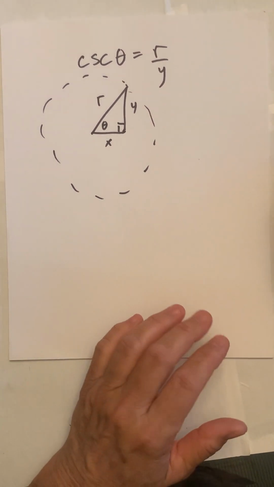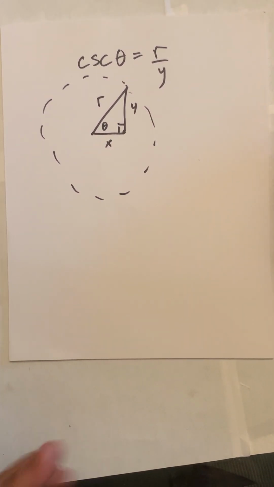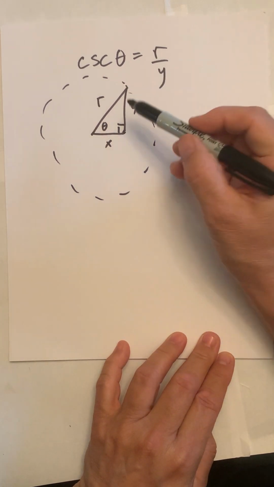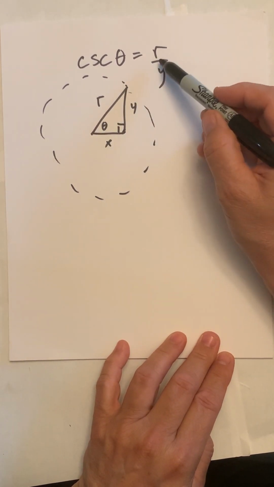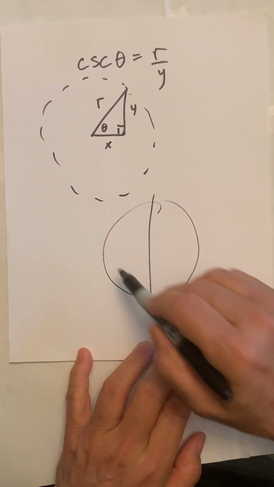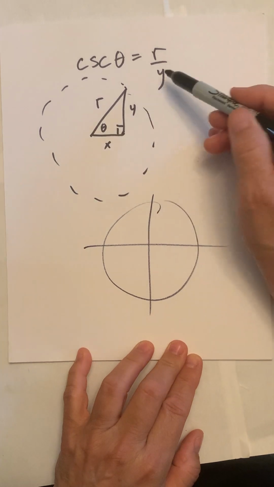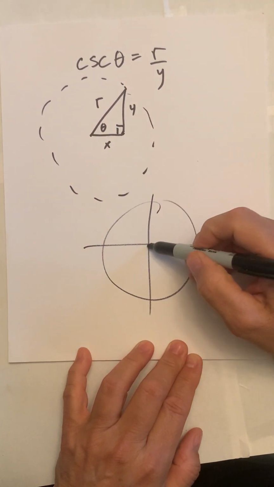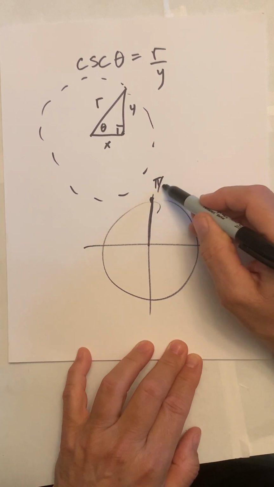Right? So obviously you're going to have all numbers that are bigger than 1, since the numerator is always bigger than the denominator. What can happen, though, is as you're rotating, and since we're talking about y, I start at 0 and I go all the way up here to, let's say, pi over 2, or 90 degrees.